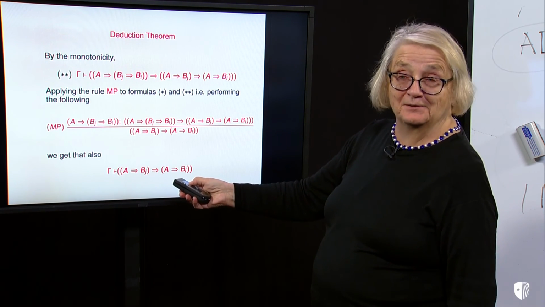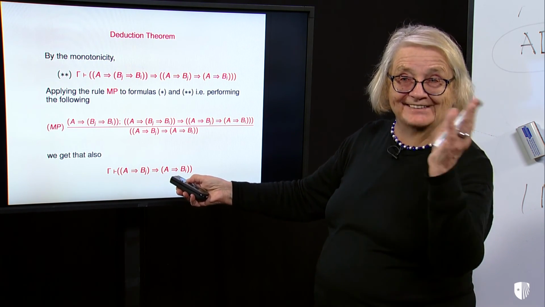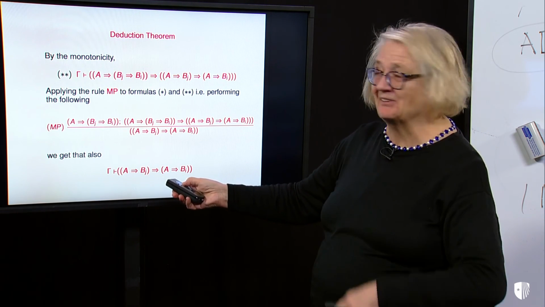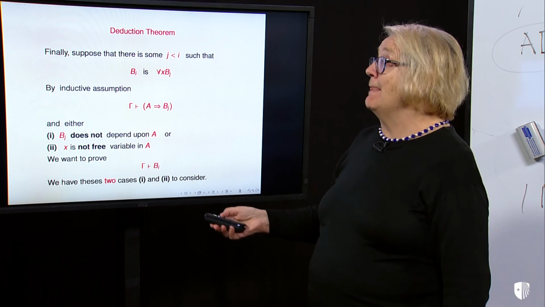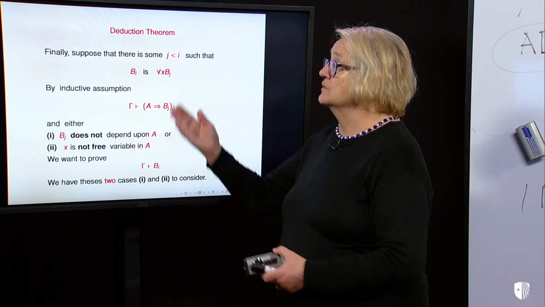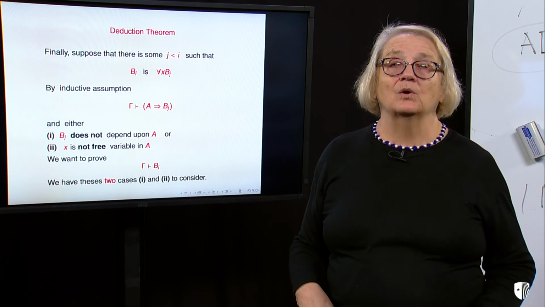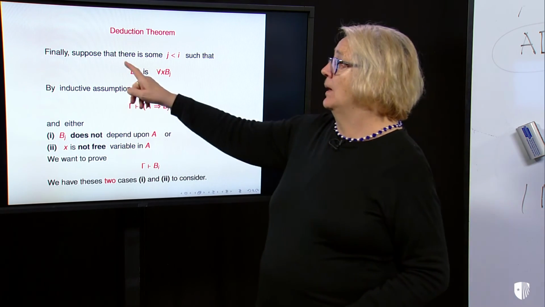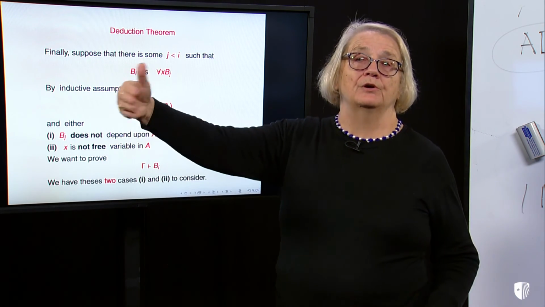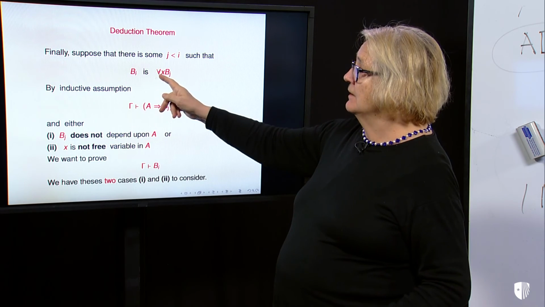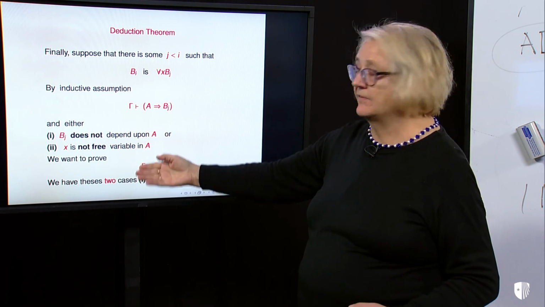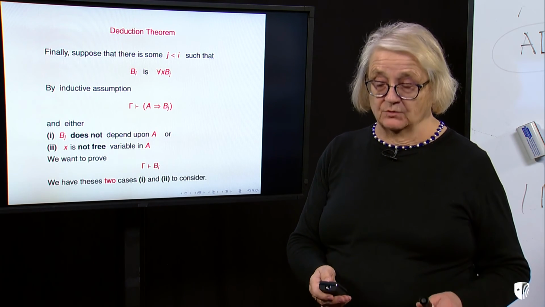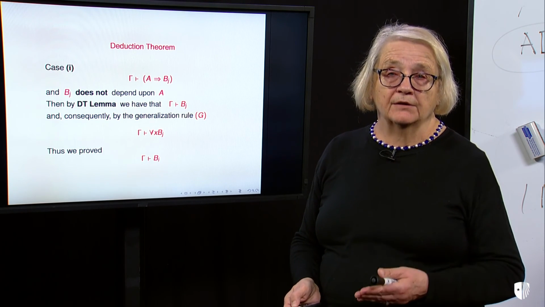You have exactly the same proof for propositional connectives. You can open the slides of the book chapter and see that you do exactly what we did. And now you have to consider the case where our Bi is for all x Bj. There you have to apply those conditions, and we do it carefully.